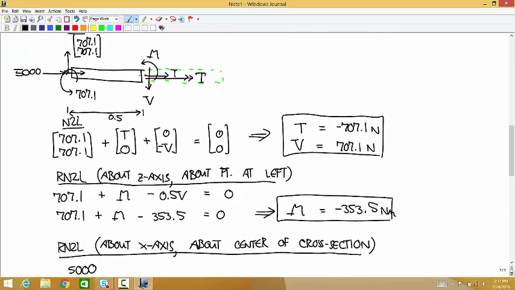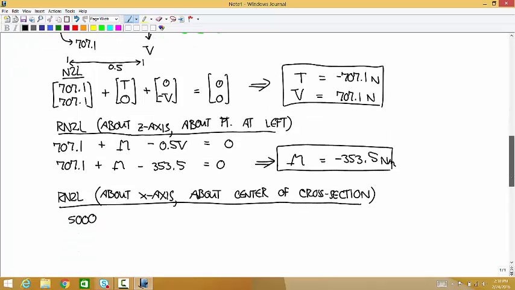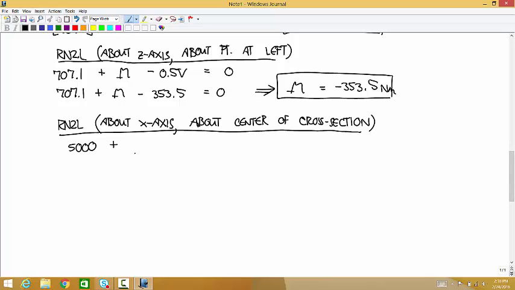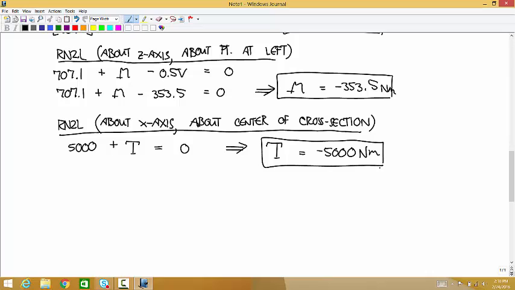None of these other things produce moments about the x-axis except this torque T. And so those are equal to 0, and you get that the internal torque is equal to negative 5,000 newton meters. So if you didn't have that torque on the left endpoint, you wouldn't have to do that third one, and you just leave it all here. I guess you should say it's equal to 0.